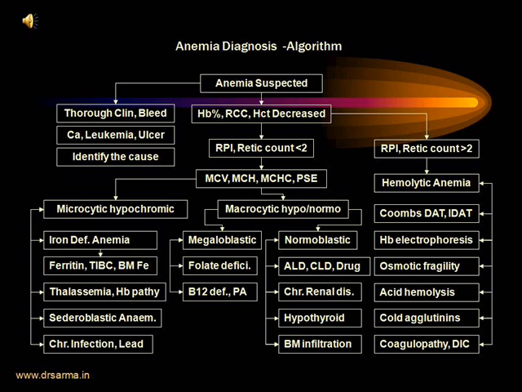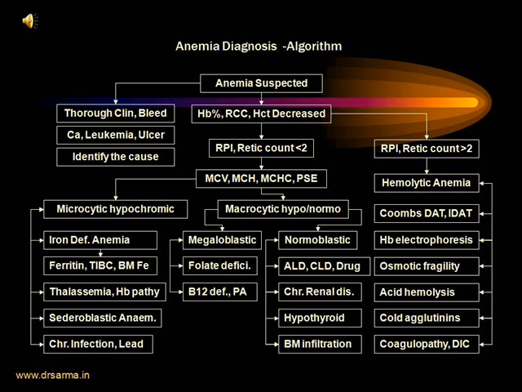Peripheral smear examination is vital in identifying some of the RBC morphology like anisocytosis, poikilocytosis, polychromasia, basophilic stippling, inclusions, parasites, Howell-Jolly bodies, Pelger-Huet anomaly, bispectacle nuclei or hypersegmented nuclei, all these things.